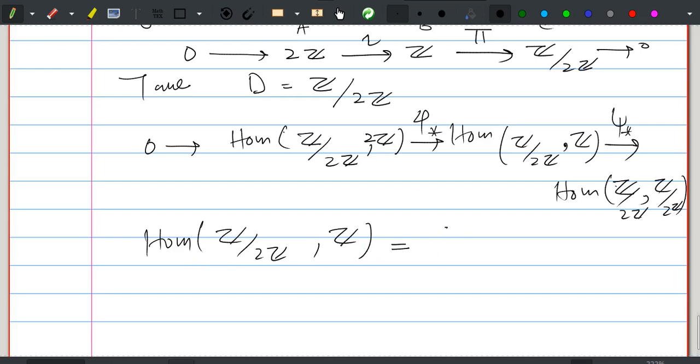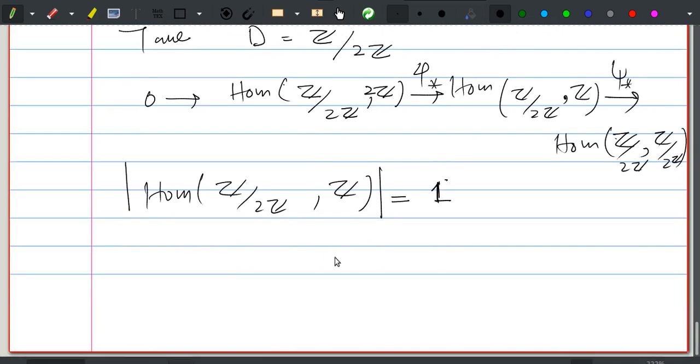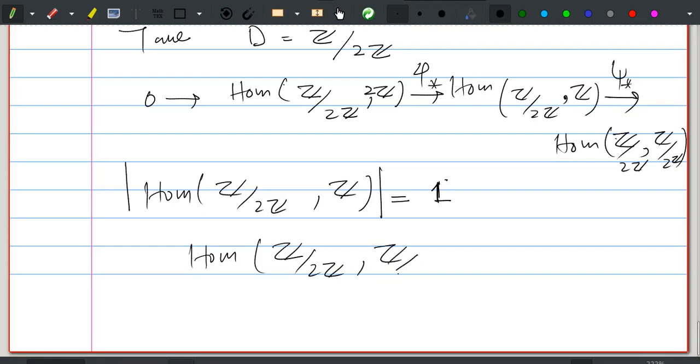So its size is just 1. Now if we look at this set here, Hom(Z mod 2Z, Z mod 2Z), we have two module homomorphisms from Z mod 2Z to Z mod 2Z. One is the identity homomorphism and the other is the zero homomorphism. So its size is 2.